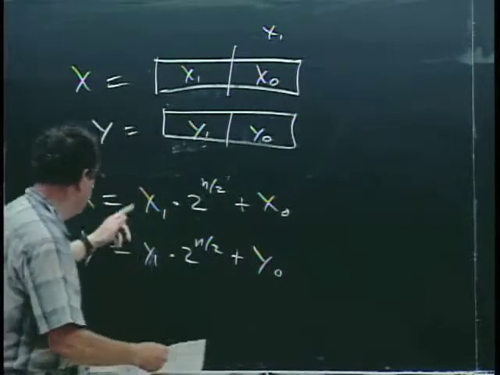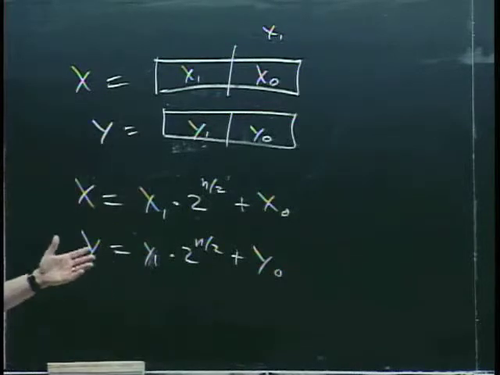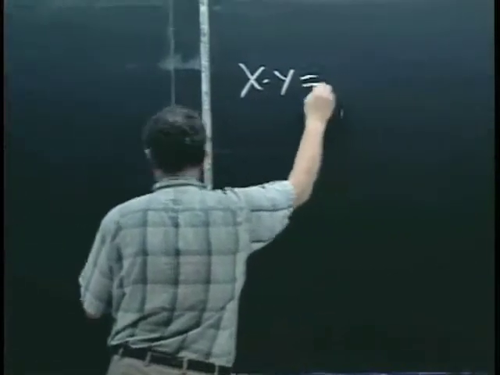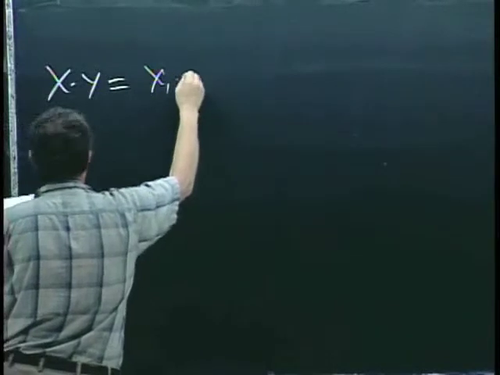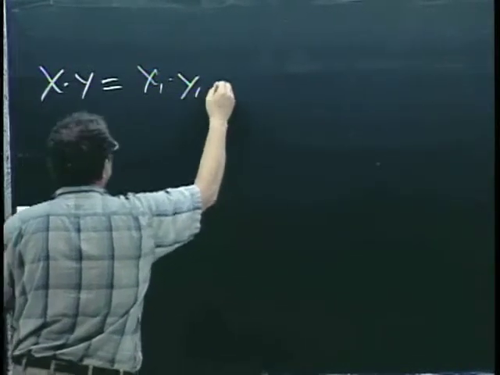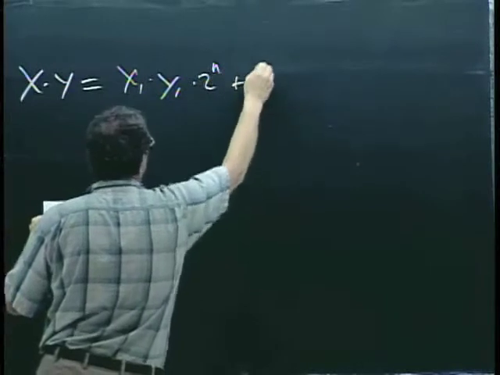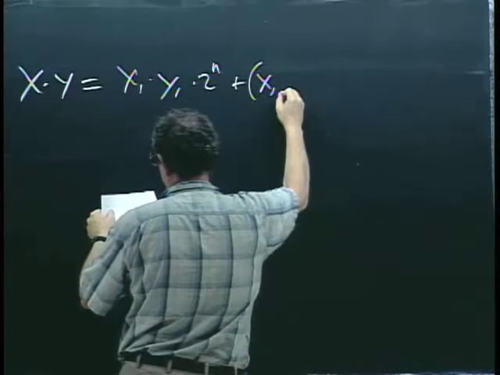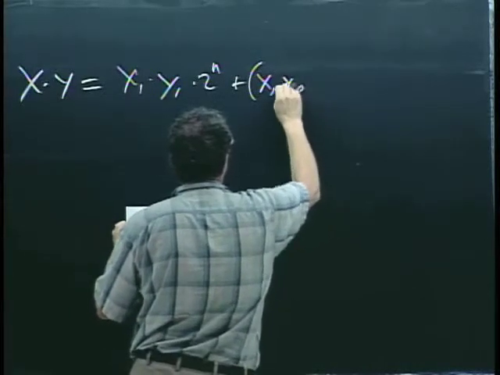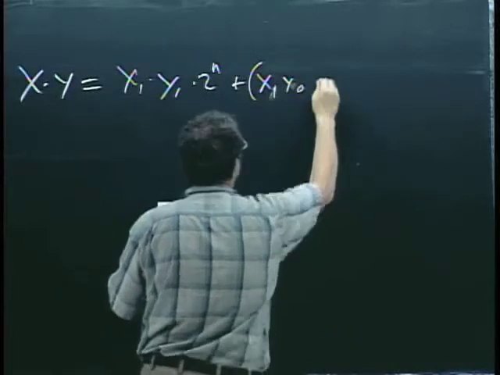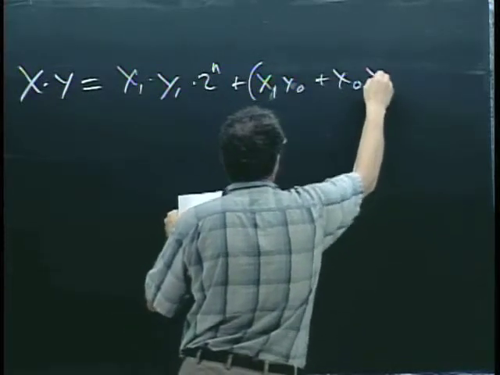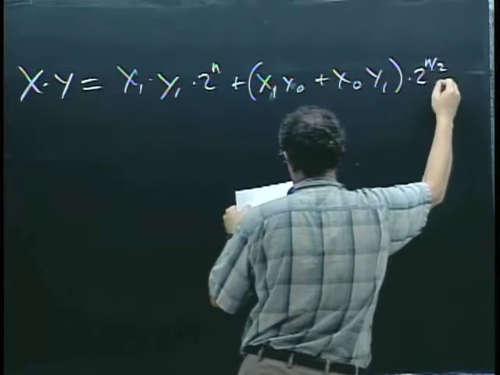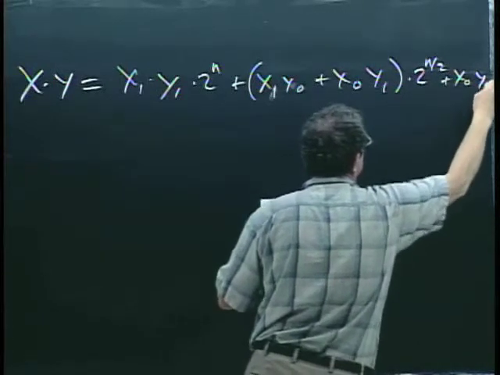So, but in those terms, let's multiply x times y and see what we get. x times y is equal to x1 times y1 times 2 to the n, plus, now you'll see why I put these in parentheses in a minute, x1 y0 plus x0 y1 times 2 to the n over 2 plus x0 y0.